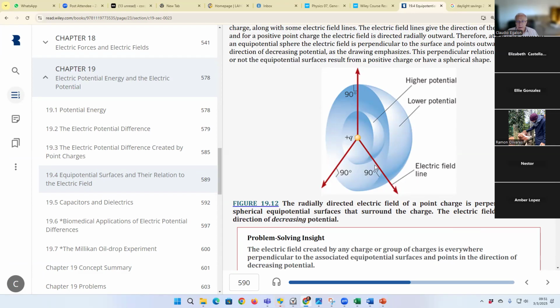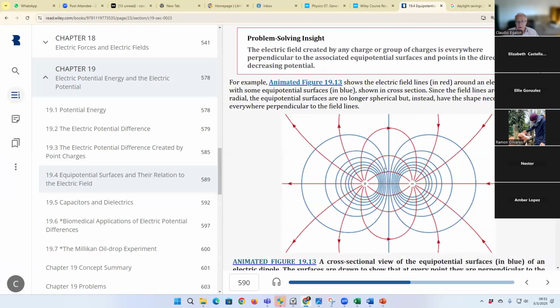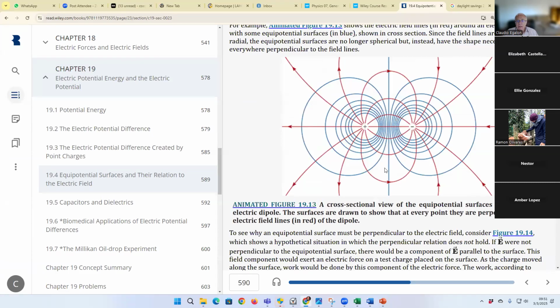It's a 90-degree angle with a plane tangent to the spherical shell. Here you go. Those are the electric field lines again that you saw in my notes.